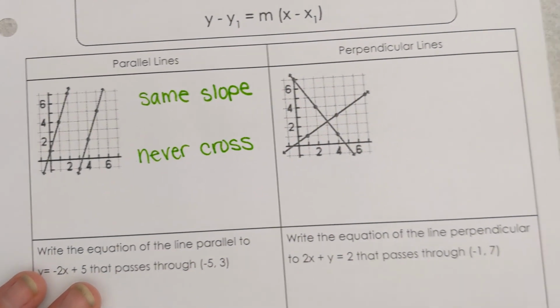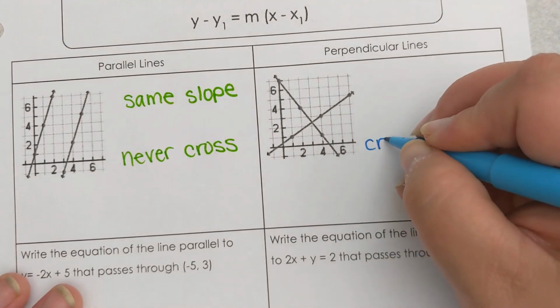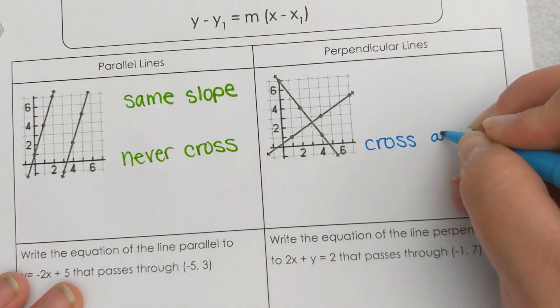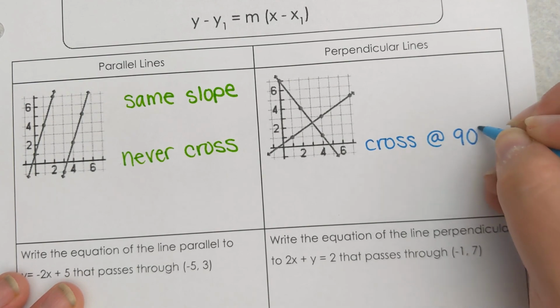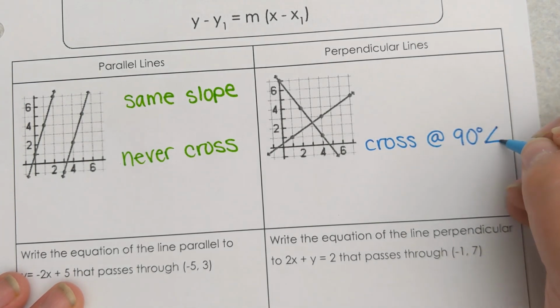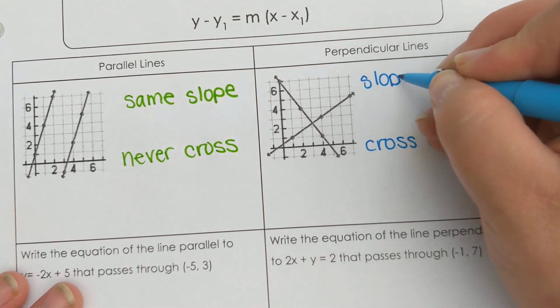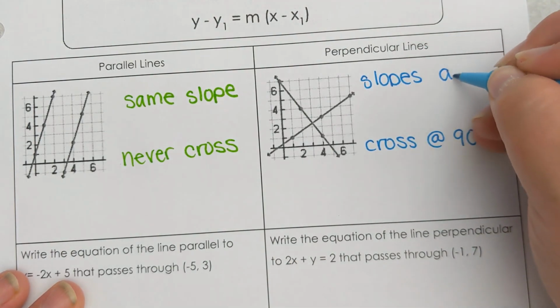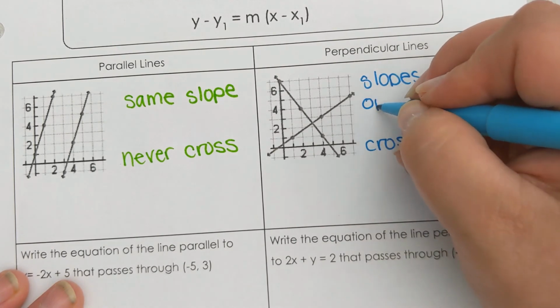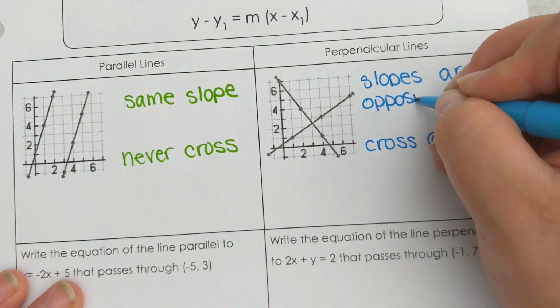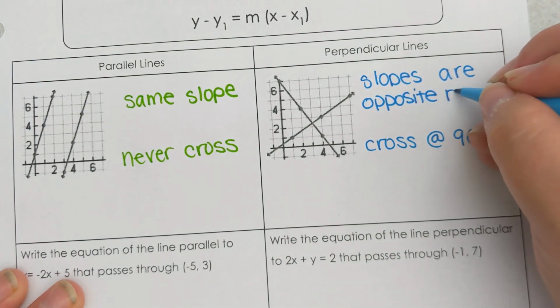Okay, perpendicular lines cross at specifically a 90-degree angle, and their slopes are opposite reciprocals.